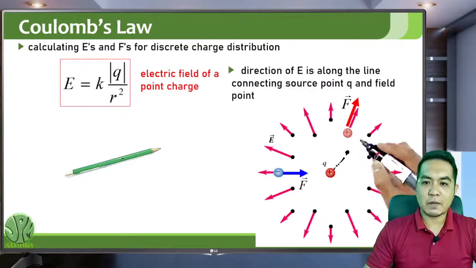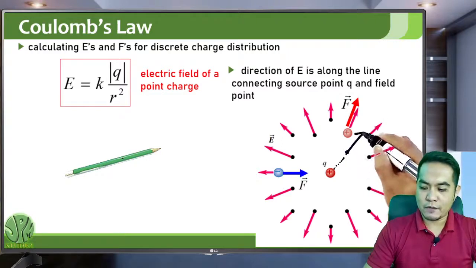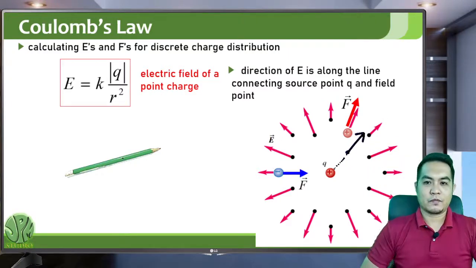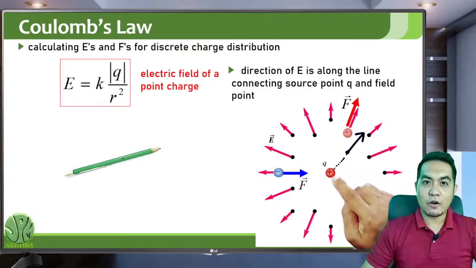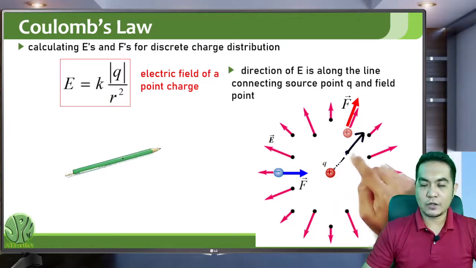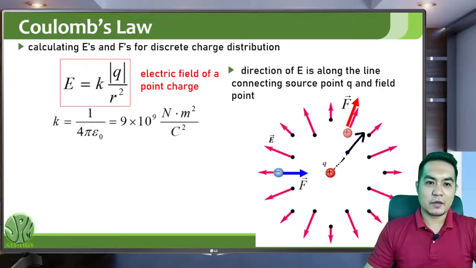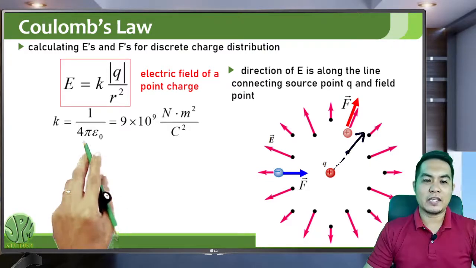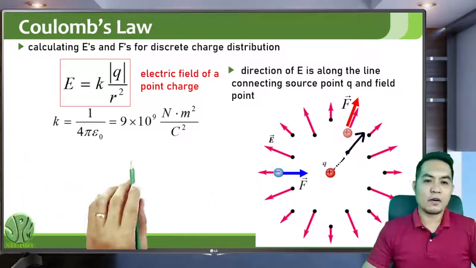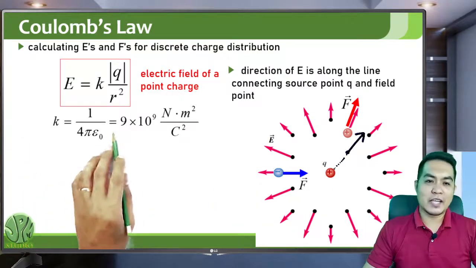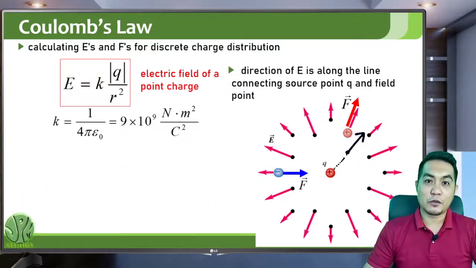Since this is a positive charge, the direction is away from the charge, but it's always along the line connecting the charge and your field point. K is just a constant, which is equal to 1 over 4 pi epsilon naught, with epsilon naught being the permittivity of free space. K is just equal to 9 times 10 to the 9 newton meter squared per coulomb squared.